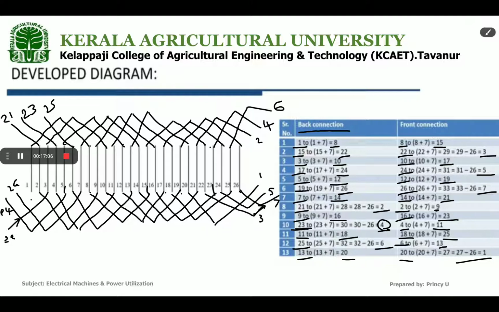That means your connection should come to 1 from 20. Okay, 20th conductor to 1st conductor.